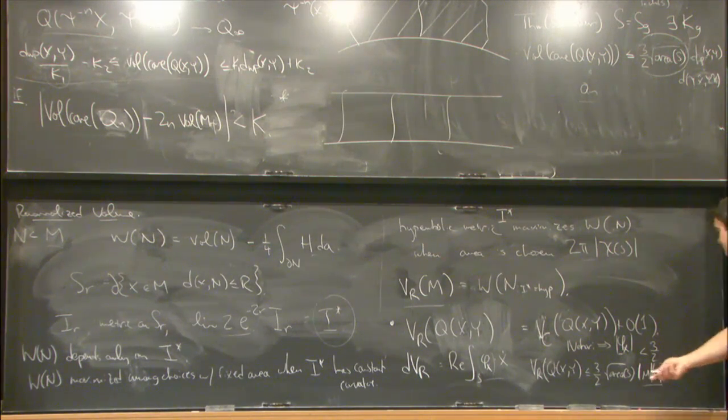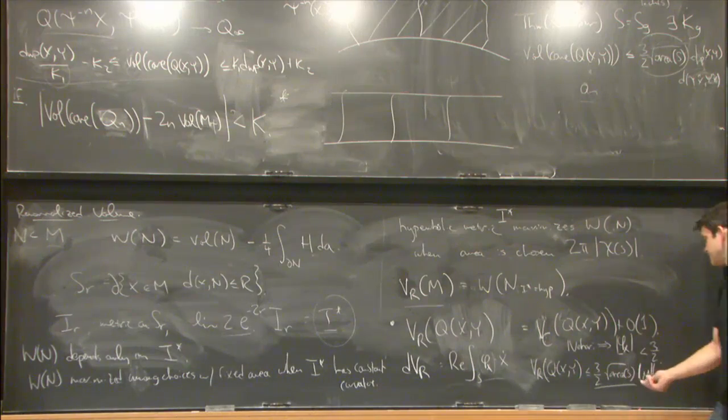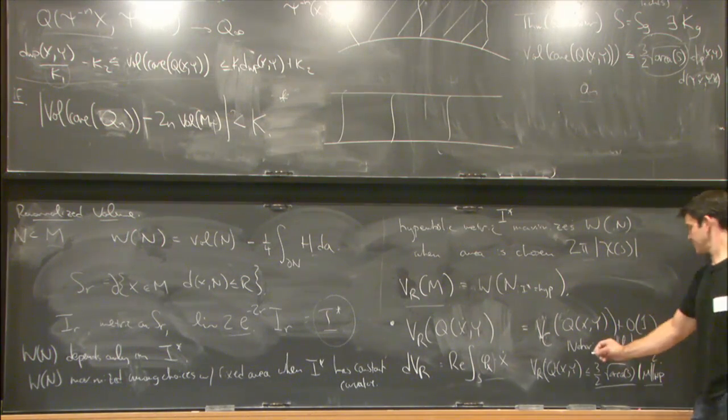So that gives you the length of the path from x to y times this explicit constant using Nehari's formula.